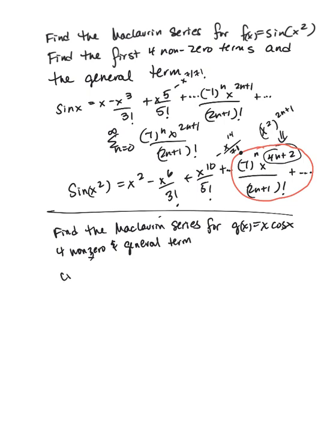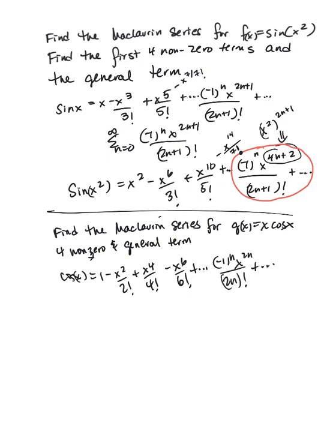So first you write out the Maclaurin series for cosine x: 1 minus x squared over 2 factorial, x to the 4th over 4 factorial, minus x to the 6th over 6 factorial, general term, negative 1 to the n, x to the 2n over 2n factorial. So now I'm just going to multiply everything by x.